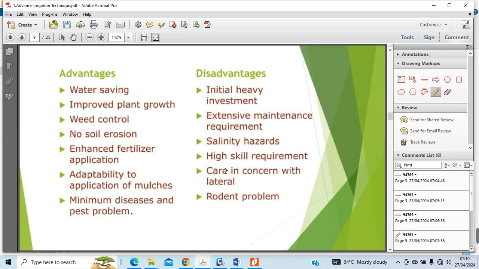Advantages and disadvantages. So I may ask the question: what are the advantages in micro irrigation system, drip irrigation system?